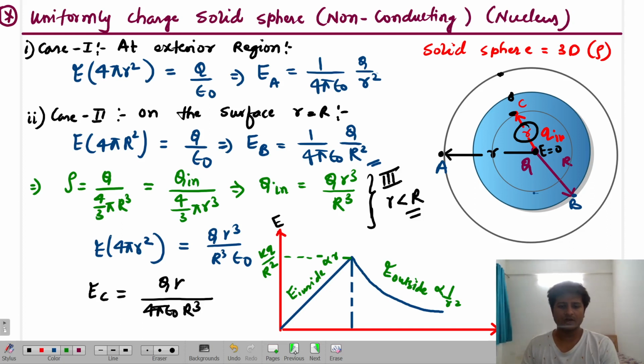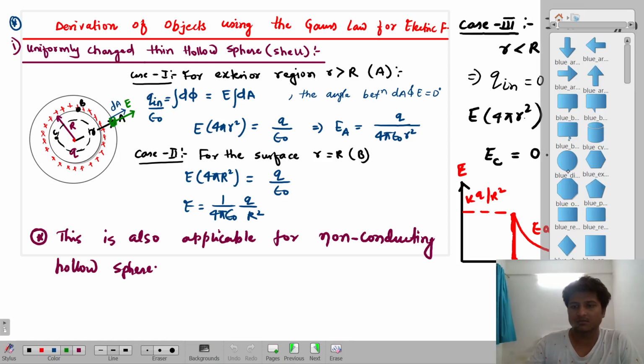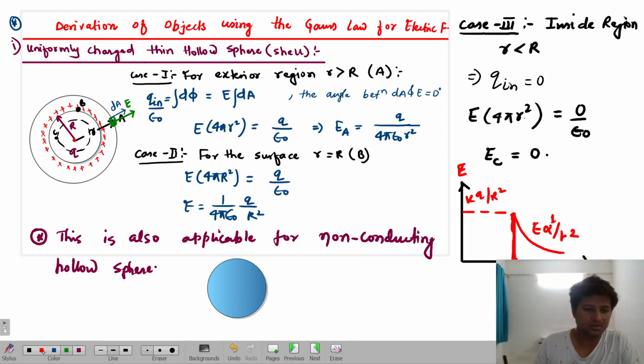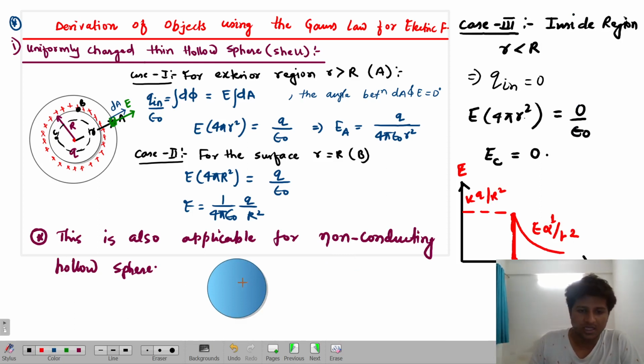Now look over here. What happens if it is a conducting body? Let's suppose I take a sphere which is conducting. Think. See, it's very easy. If a sphere is a conducting body, then inside it once again the charge will not be there. The charges will appear on the surface only.